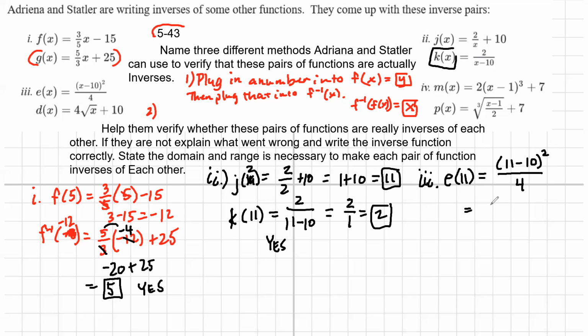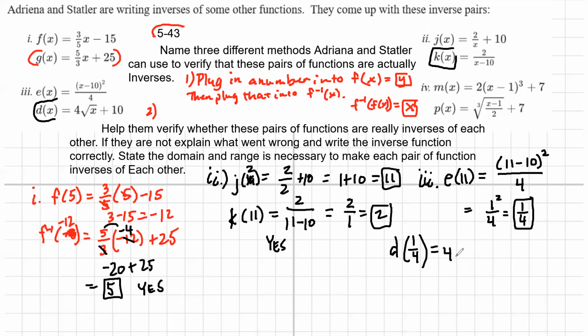Okay, so 11 minus 10 is 1 squared over 4, which would give me 1/4. Oh, we got a fraction. You can get fractions. So when I plug in 11, I get 1/4. Now this is the inverse function here, d of x. So I'm going to plug in d of 1/4. Yes, you can plug fractions into any function.